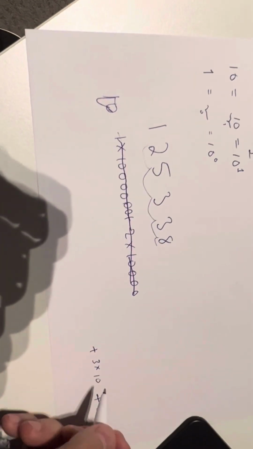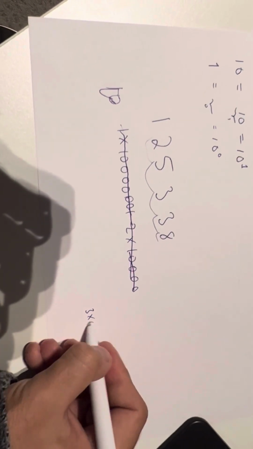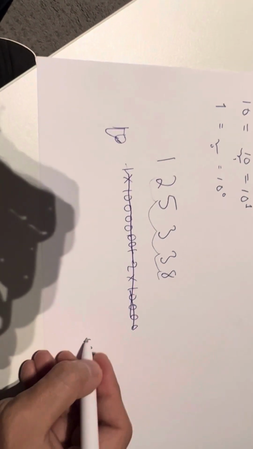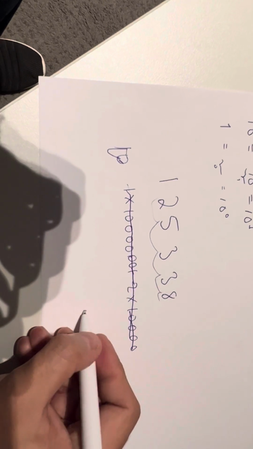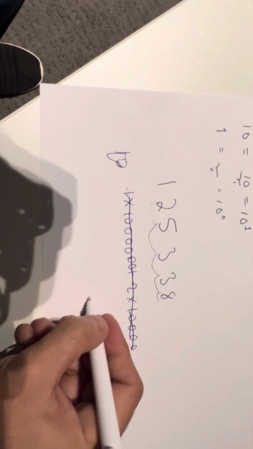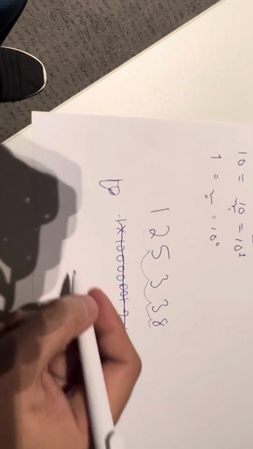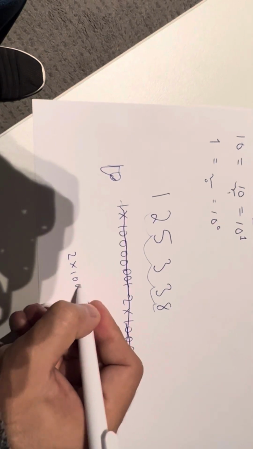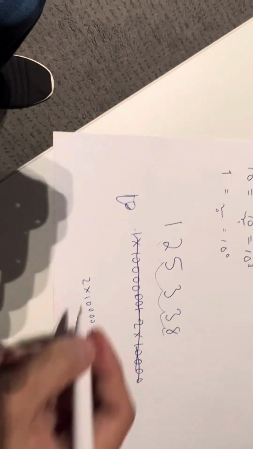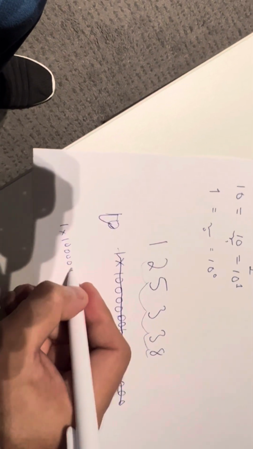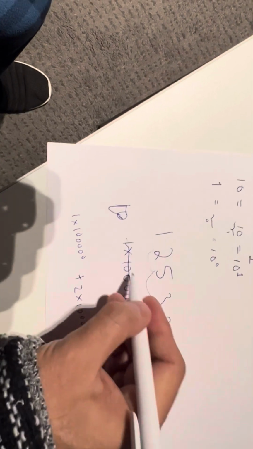Then plus 3 times 100, which is this third digit, plus 5 times 1,000, plus 2 times 10,000, plus 1 times 100,000, right? So I was right at the beginning here.